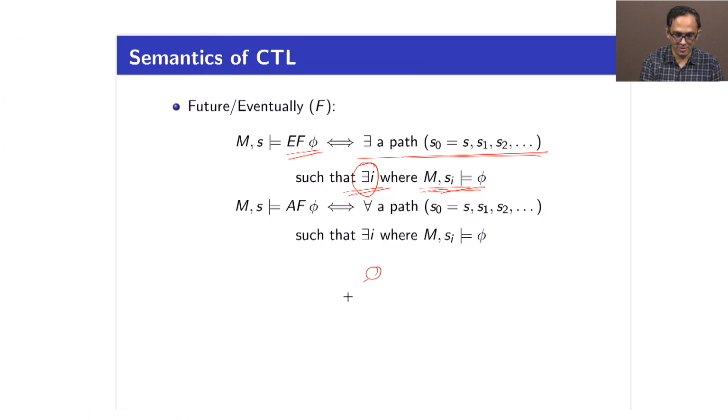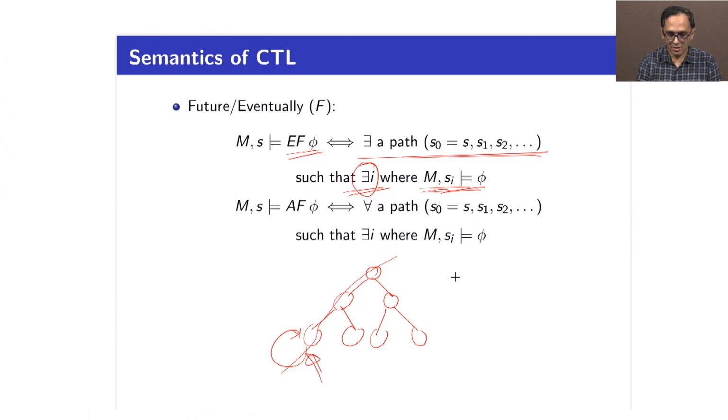So, this is very much clear. If you have a tree like this, let us say this is my path. In the path there is some future state where phi holds. Then I will say M, S satisfies E F phi.